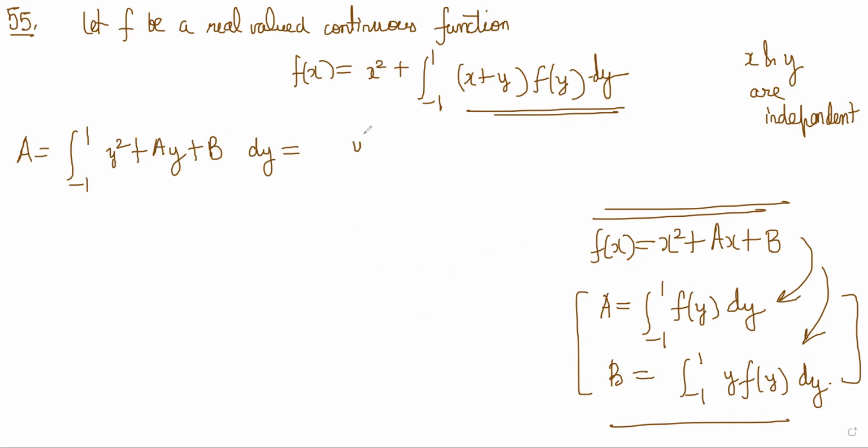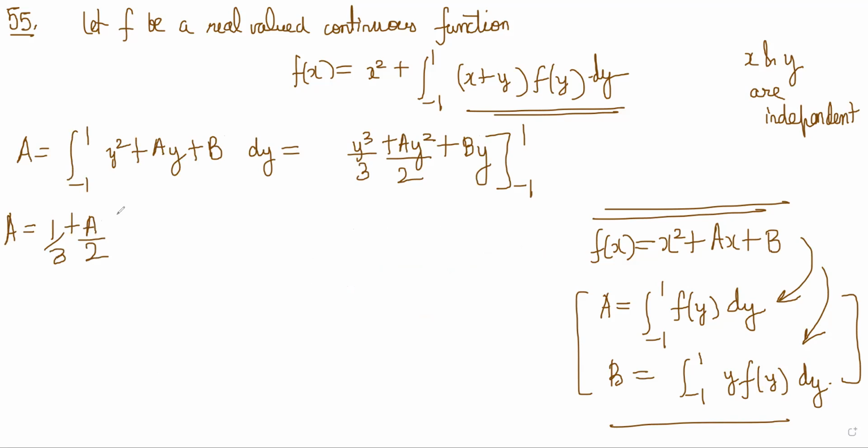So this becomes y cube by 3 plus ay square by 2 plus by from -1 to 1. So a is equal to, you get 1 by 3 plus a by 2 plus b minus (-1 by 3 minus a by 2 minus b), right?